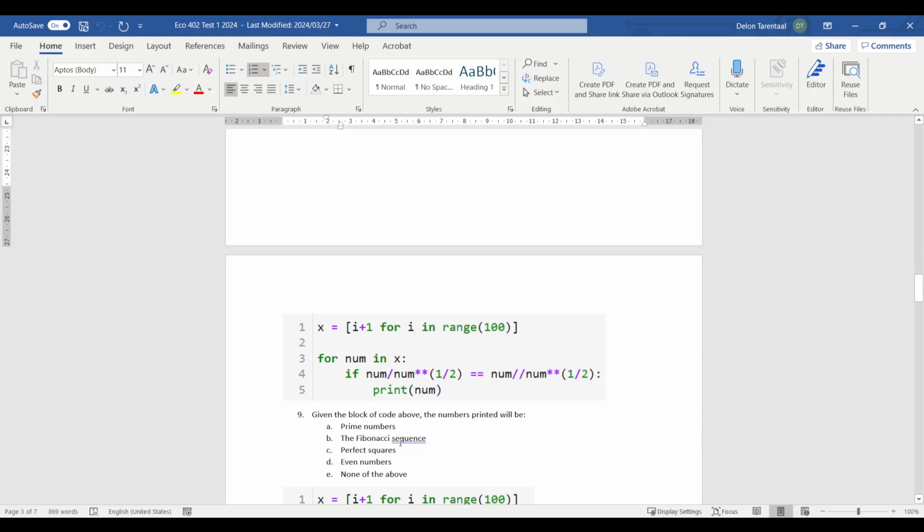For your Fibonacci sequence, I'll be adding the last two numbers of the list together, right? So you always see a -1, -2 indexing. Then prime numbers, we will be counting factors, right? So if it has 2 factors, it's a prime number. More than 2 factors, it is not a prime number, right? Even numbers, modulus 2 is your clue.